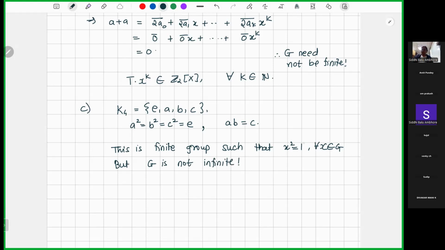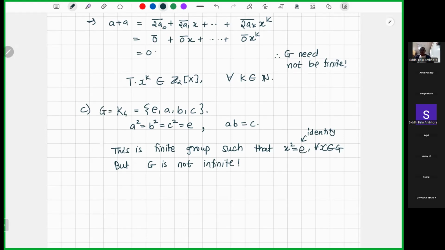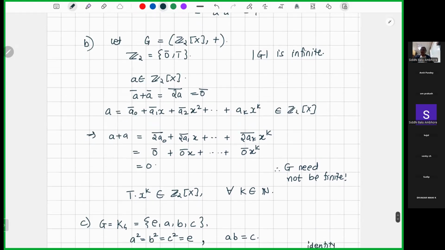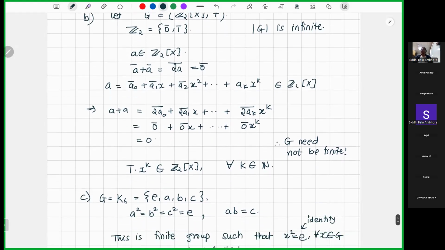Here 1 means the identity, well, let me write E. Okay, so we got that a square is equal to 1.